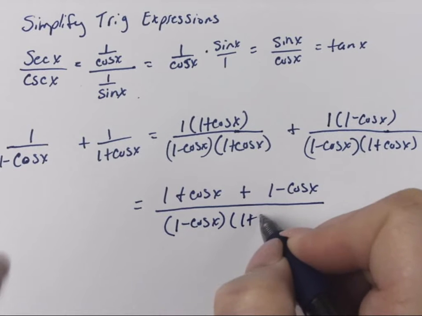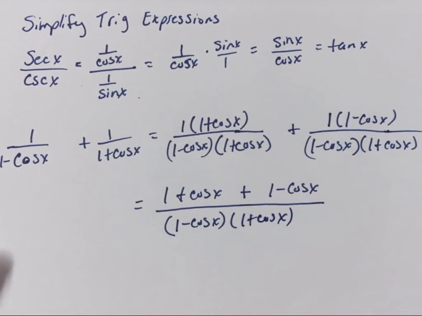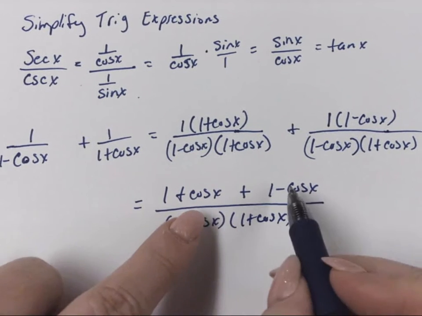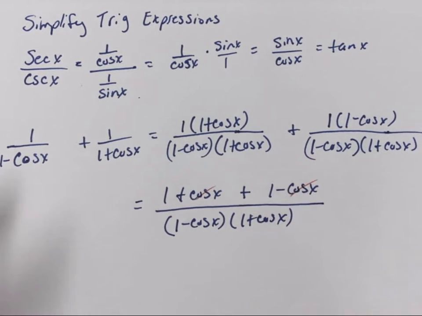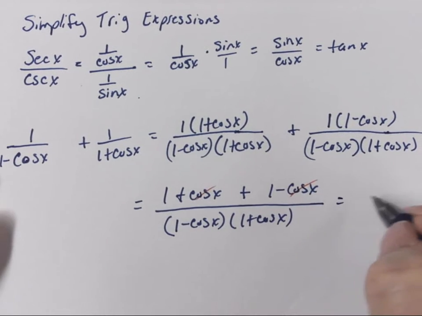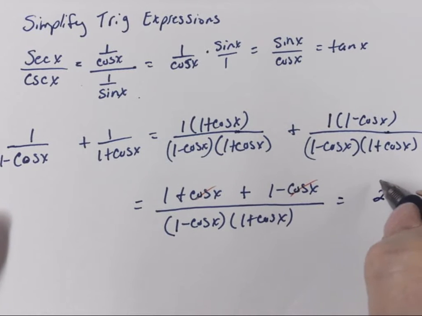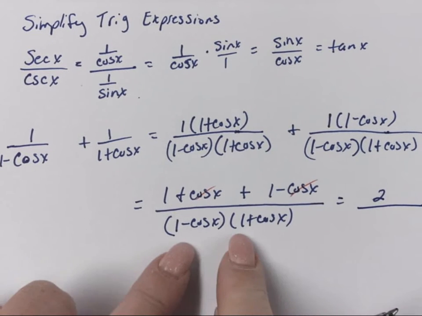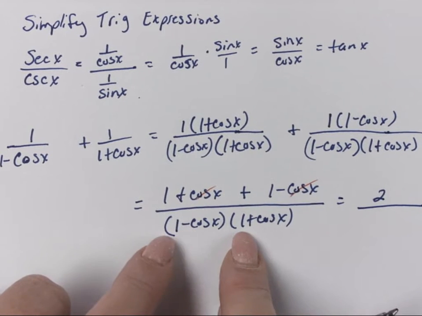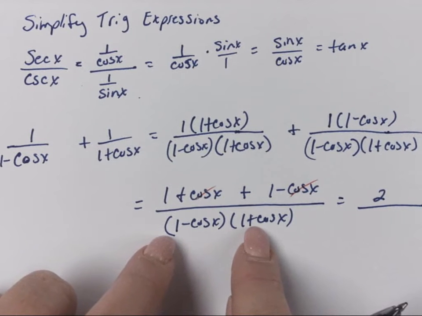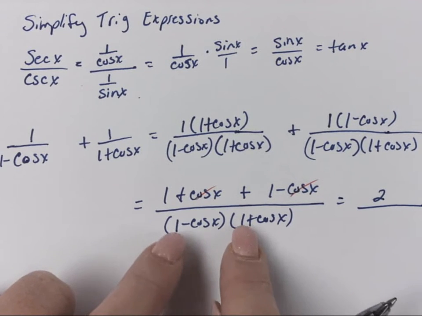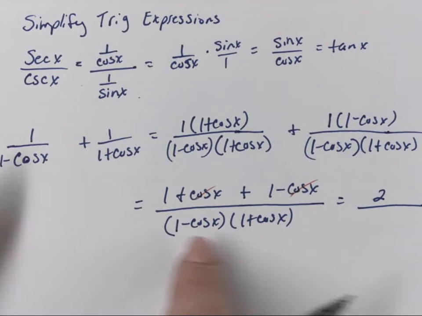So we're going to end up with 1 minus cosine squared x. From our trig identities, we know that 1 minus cosine squared x actually equals sine squared x. We can rewrite this to look like 1 over sine squared x times 2, and 1 over sine squared x is going to become cosecant squared x.